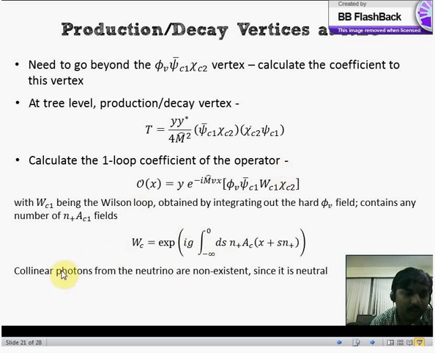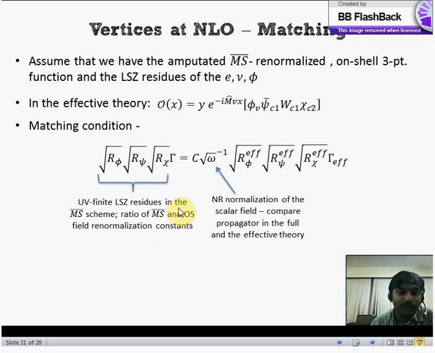It's defined over here, and you just have a W_C1 because you can have a collinear photon from an electron, but the collinear photon from neutrinos are of course not possible because the neutrino is neutral. So if you have this kind of an operator, you have to calculate the coefficient of this operator, and the coefficient of this operator can be calculated by matching.